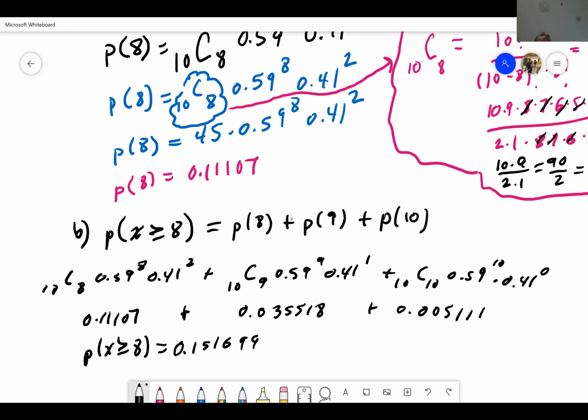What happened? I tried doing it all together, and it would give me a big 5 point something number. So I did 0.59 raised to the 10th, and it still gives me the same big number, and that's not the answer. Oh, well, it is the answer.